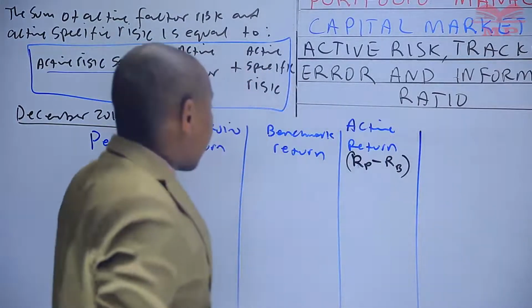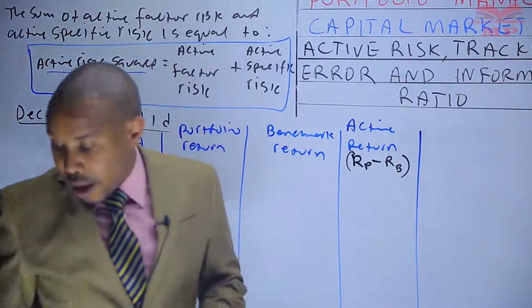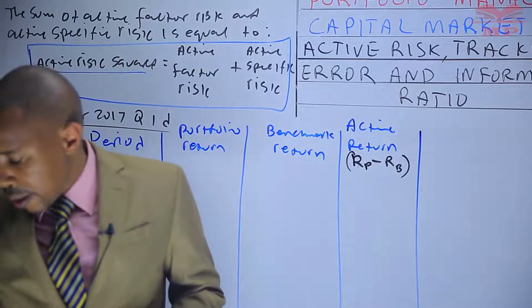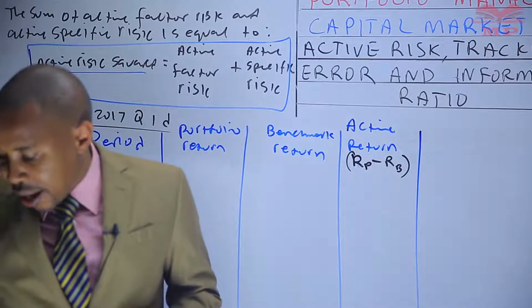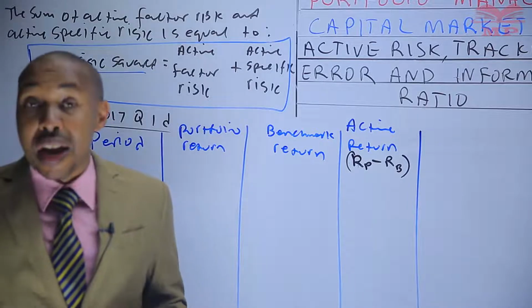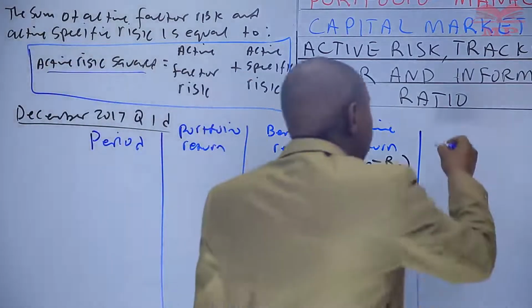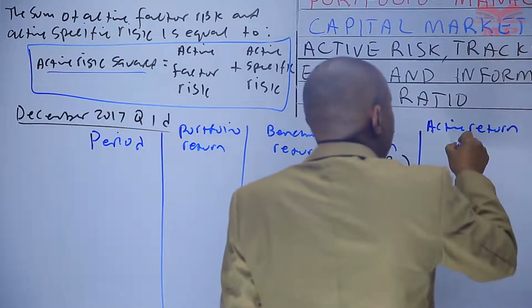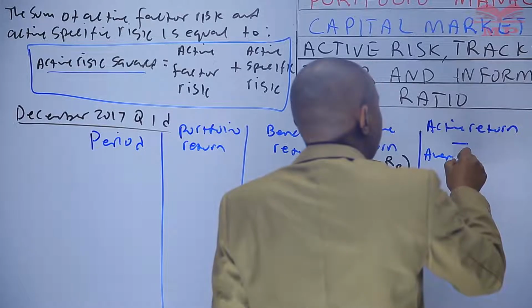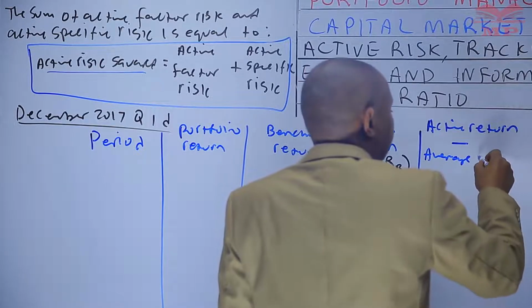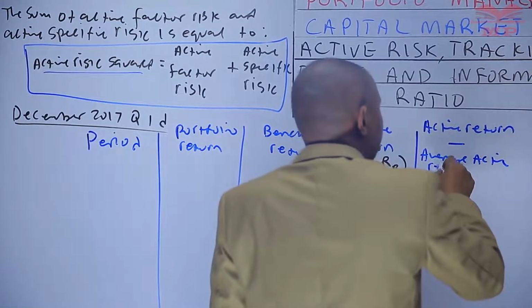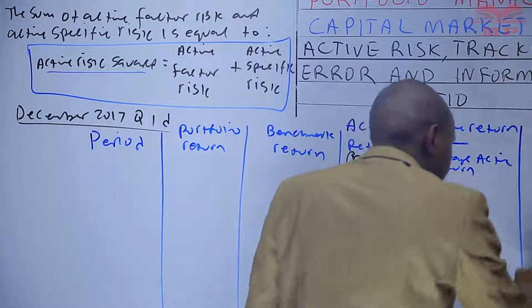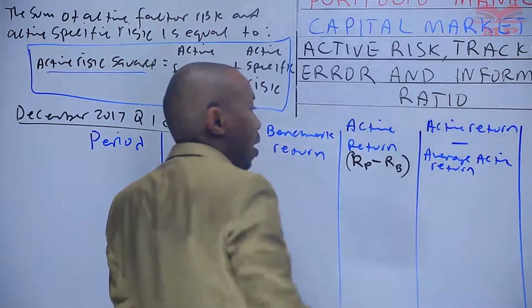Once we have that, we get the active return less the average active return. That's what we need: active return minus average active return.